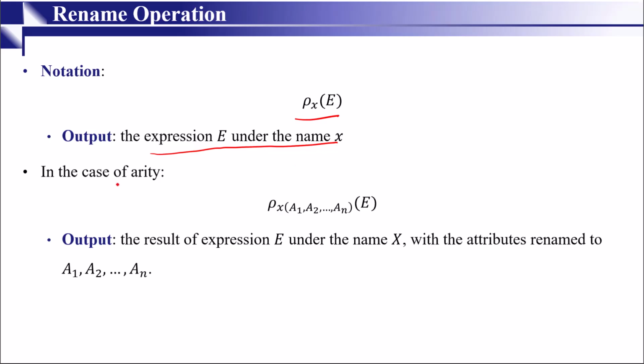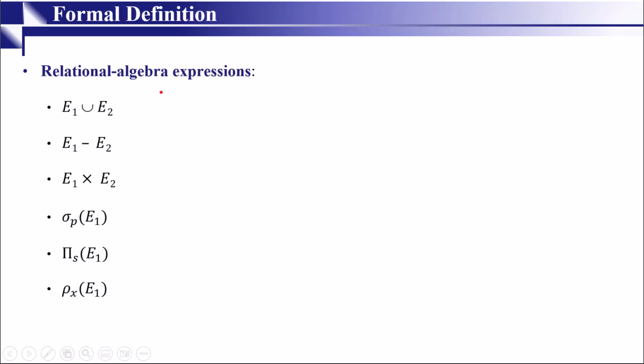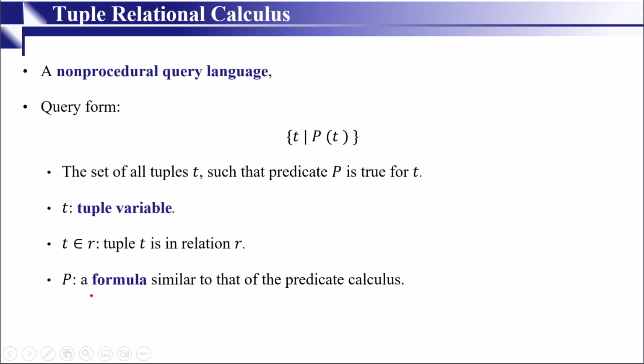For example, if a relational algebra expression E has arity n, then the result of expression E under the name X has attributes A1 to An. So we can rename E as a new name like X. For relational algebra, we have union, set difference, Cartesian product, selection, projection, and rename.